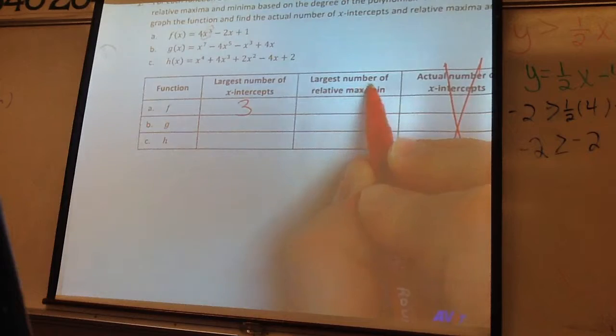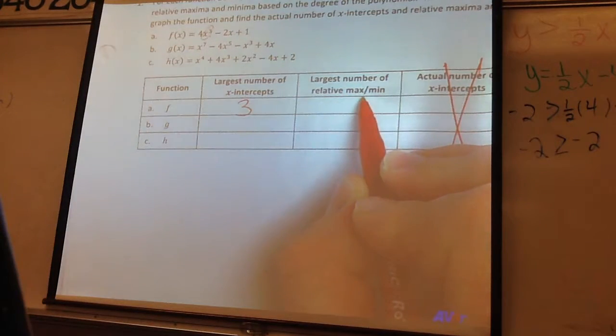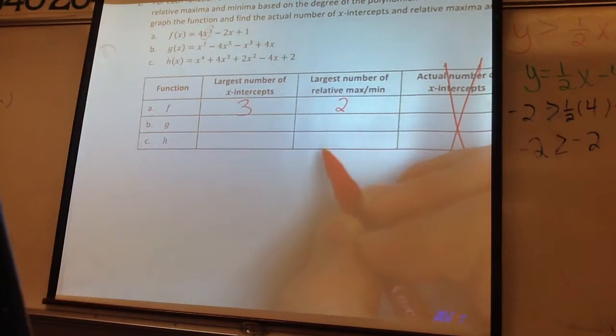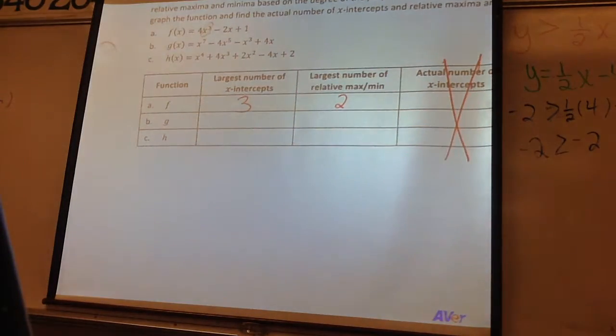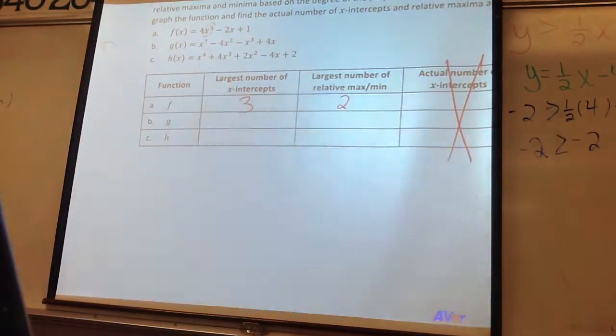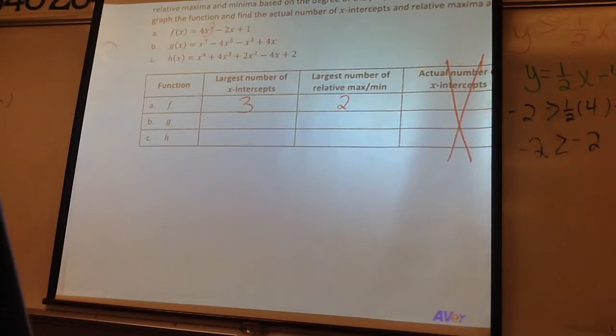What's the largest number of relative max and mins? 2. It's always 1 less. And if you think about it, it makes sense because if you're only going to cross the x-axis 3 times, the most times it'll turn around is 2. If you turn around again, you probably hit it again. So all you're looking at on these is the highest power of x. Ignore the rest.